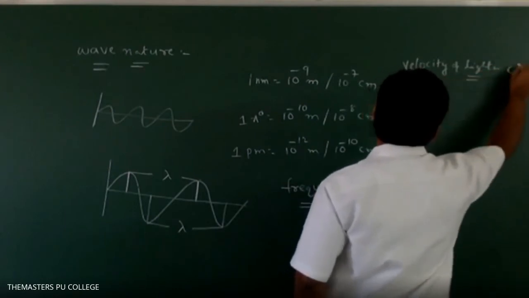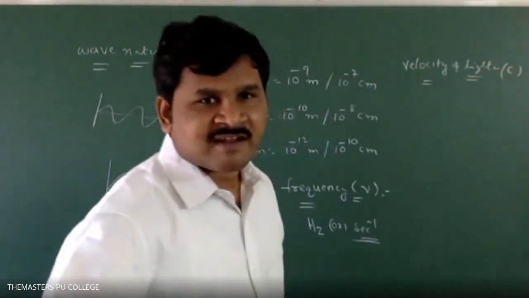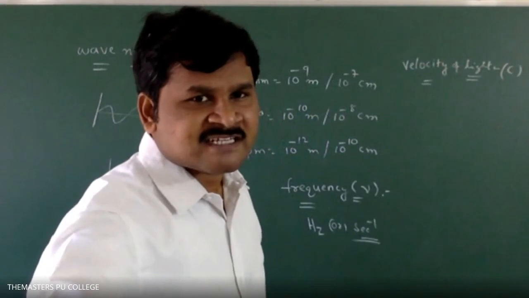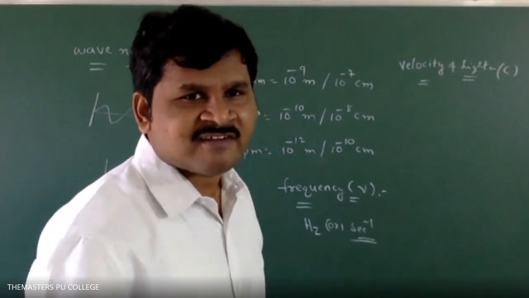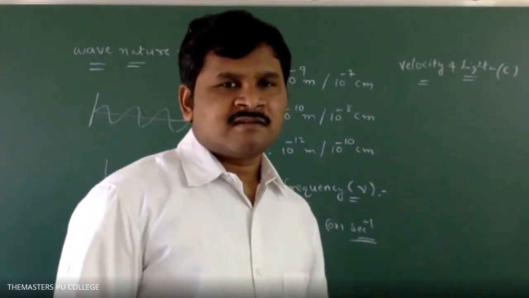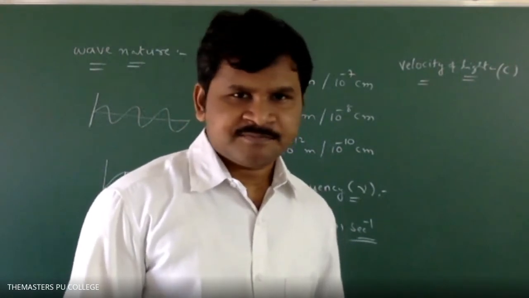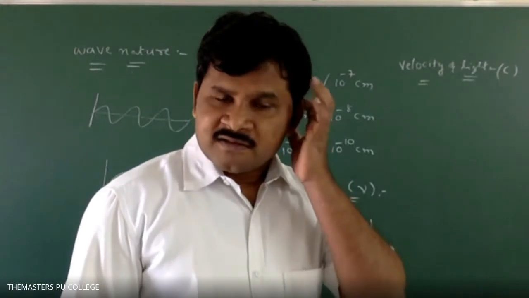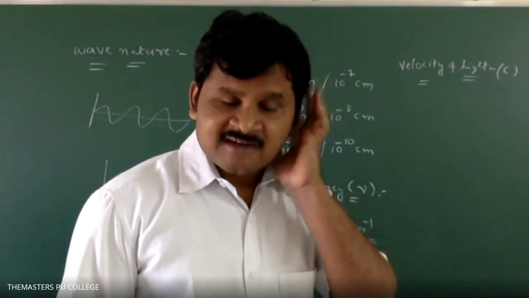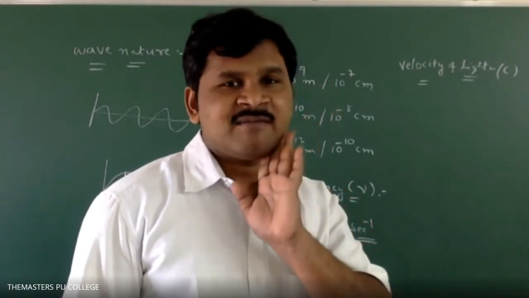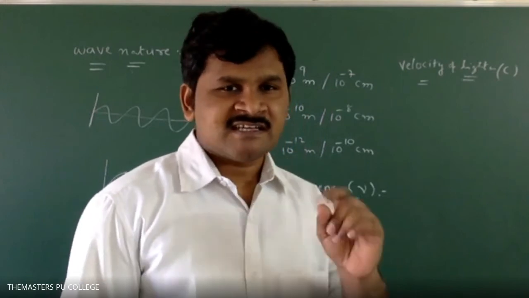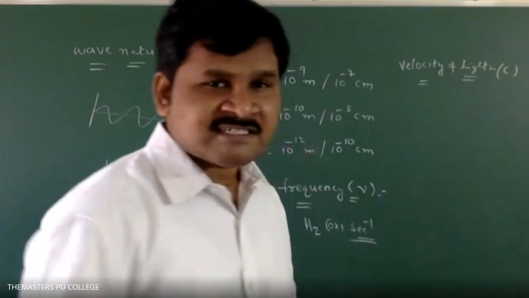It is represented with the symbol c, velocity of light. How can you define velocity of light? Velocity means speed. The speed of light, or the distance traveled by light in unit time, is called velocity of light.